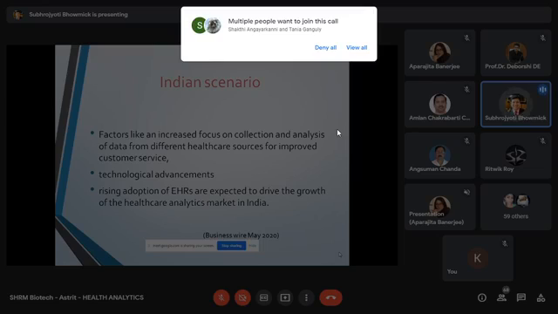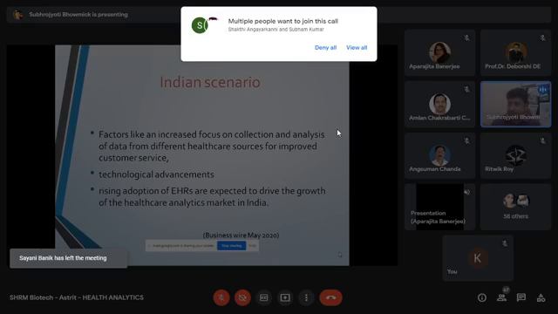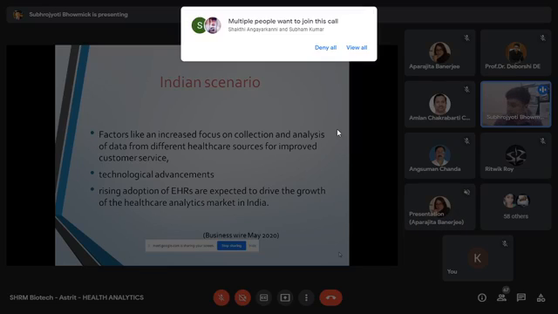So telemedicine is a reality, and according to a statistical analysis, over 60% of doctors in the urban scenario have moved into telemedicine consultation.